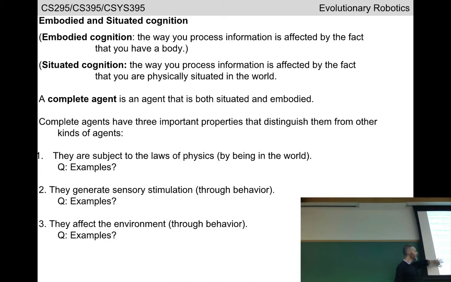Absolutely. So we have a whole bunch of complete agents, you all, right, that are trying to get to class as quickly as possible. And as you do, after a fresh snowfall, you're leaving literally imprints on the environment, and they're not arbitrary. They become a network of shortest paths between the major buildings on campus.